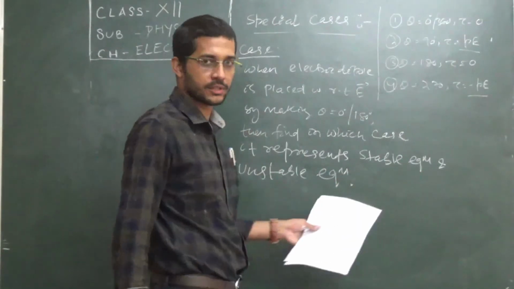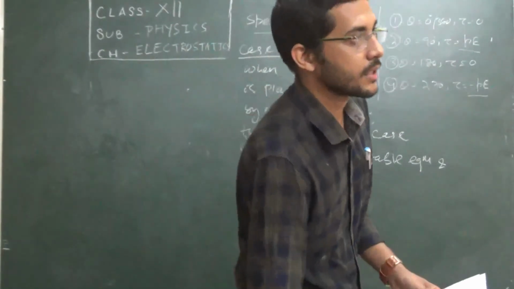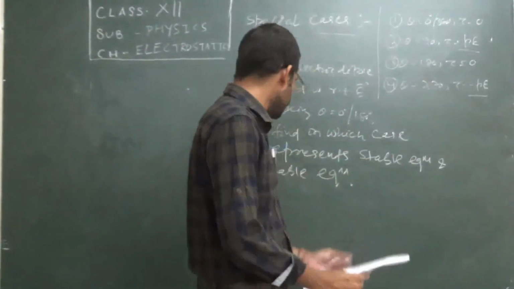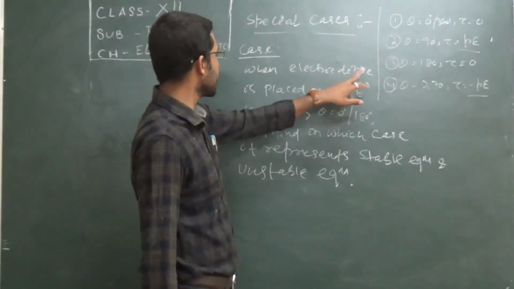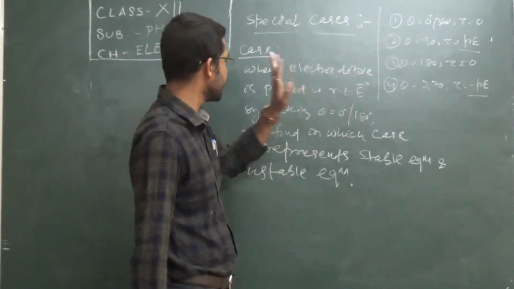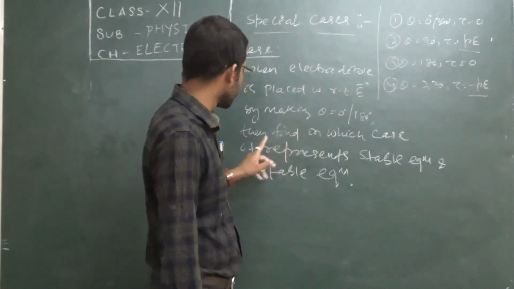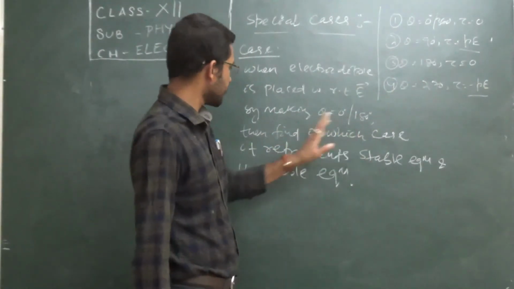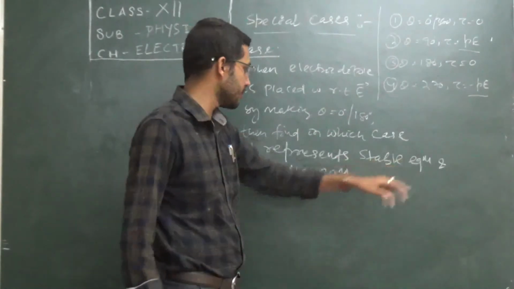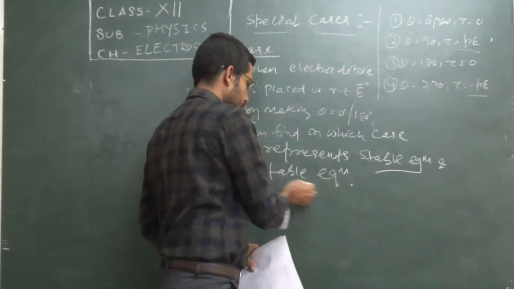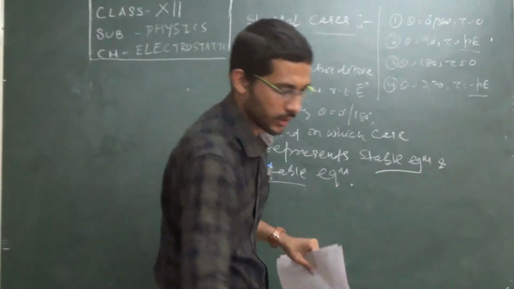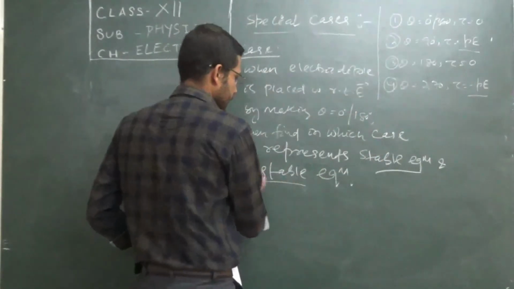So this kind of question will come in your 12th board. It was there in 2016 and 18. So when an electric dipole is placed with respect to an electric field by making theta 0 or 180, or possibly 360 can be given, then find in which case it represents stable equilibrium and that of unstable equilibrium. Clear? So now we will write down the solution.